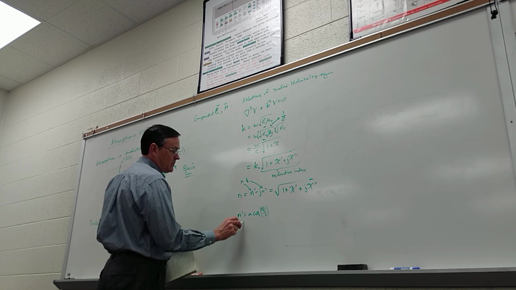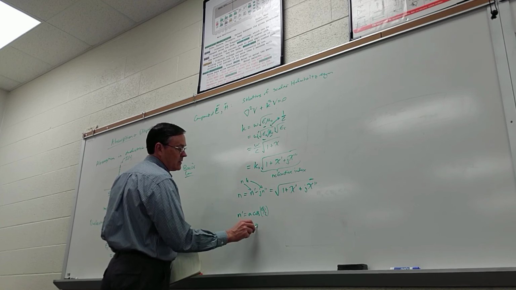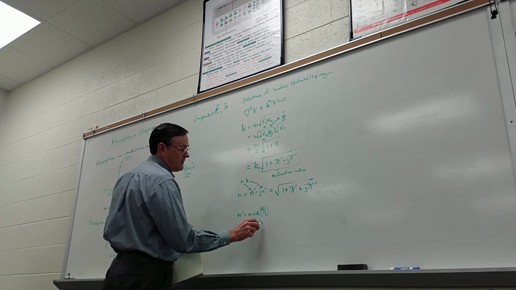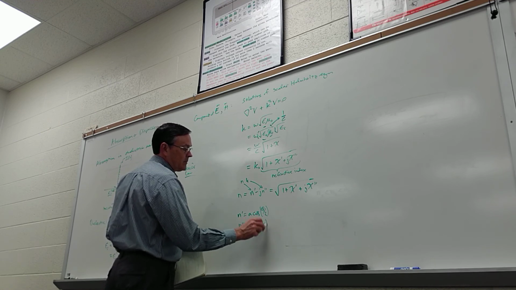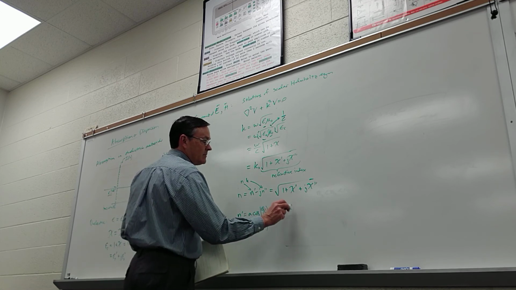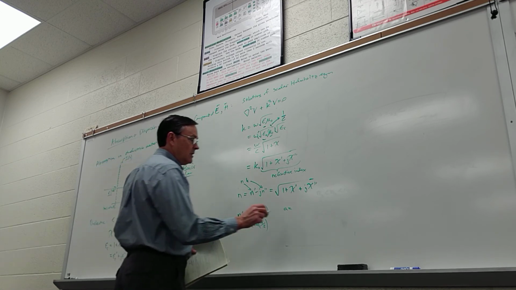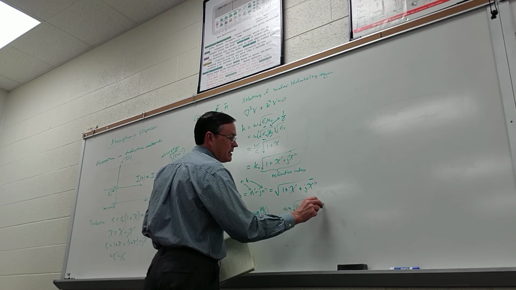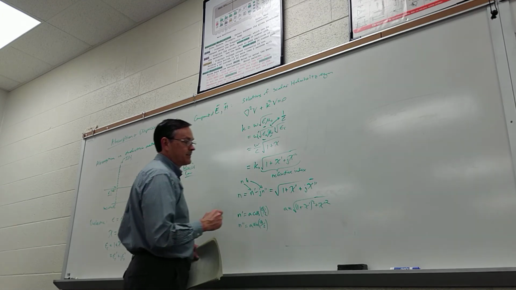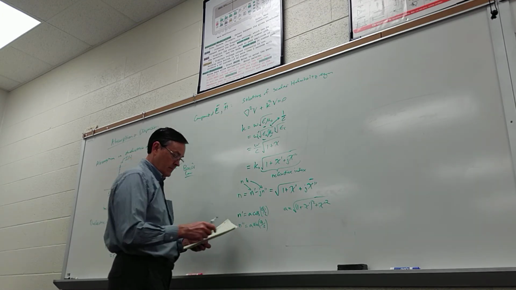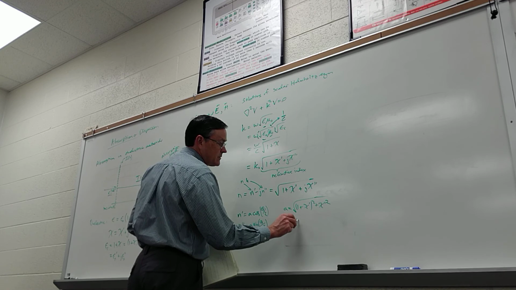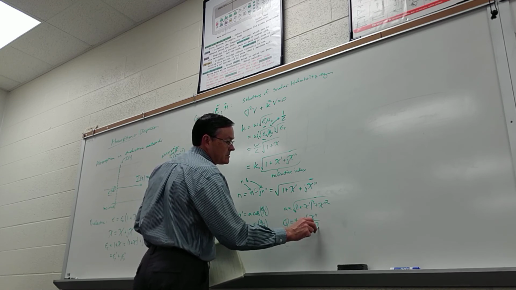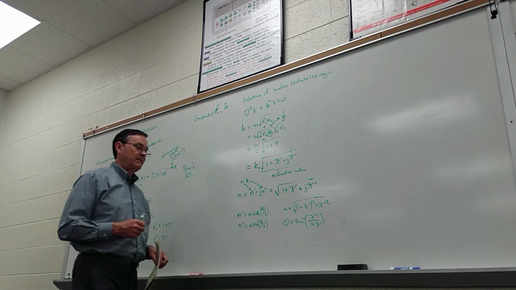And then n double prime will be a sine of phi divided by 2. And a is equal to the square root of 1 plus chi prime, quantity squared, plus chi double prime squared. And then phi is equal to the arctangent of chi double prime over 1 plus chi prime. So it's not that hard to do.